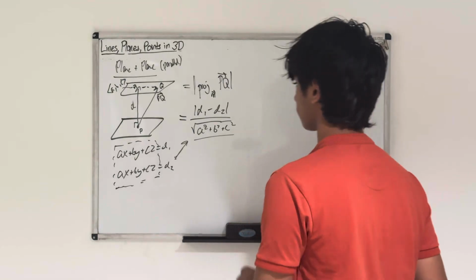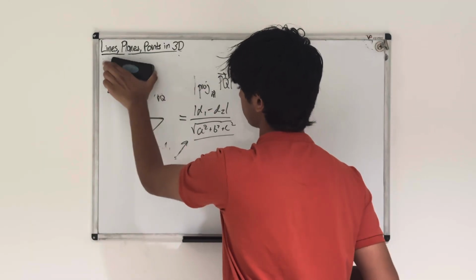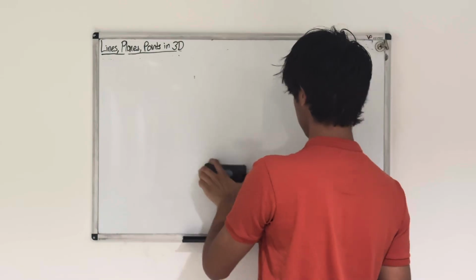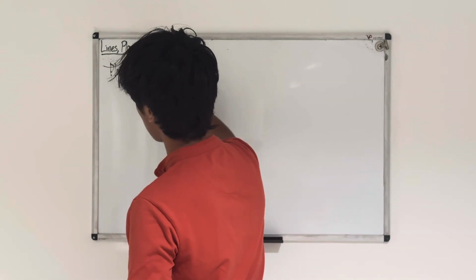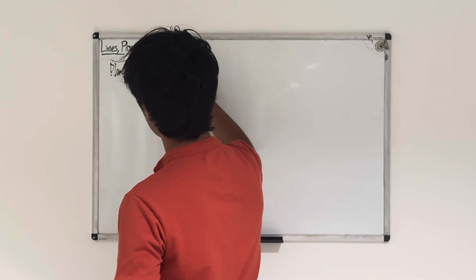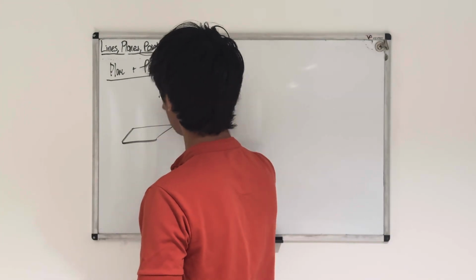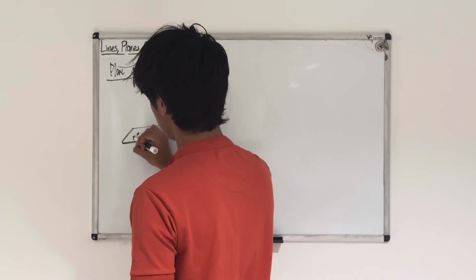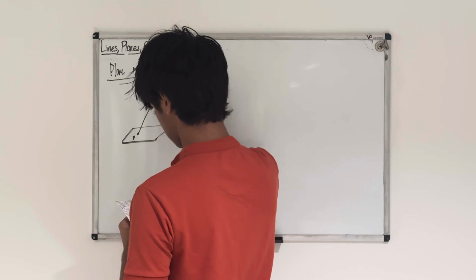All right, next. How do we find the distance between a plane and a point in 3D? It's kind of similar to the last thing we just did. If we have a plane and a point, we pick a random point P on the plane and call the point Q. The vector is going to look something like that.